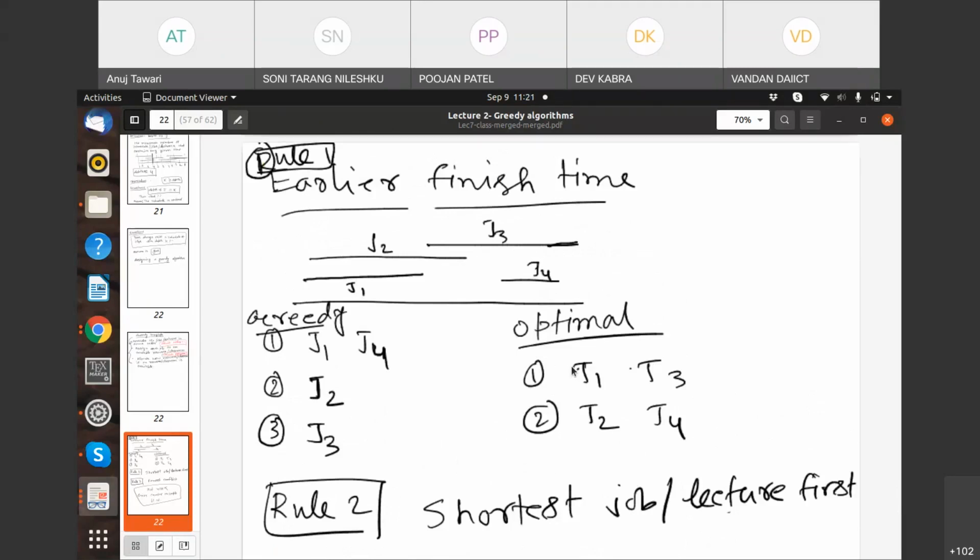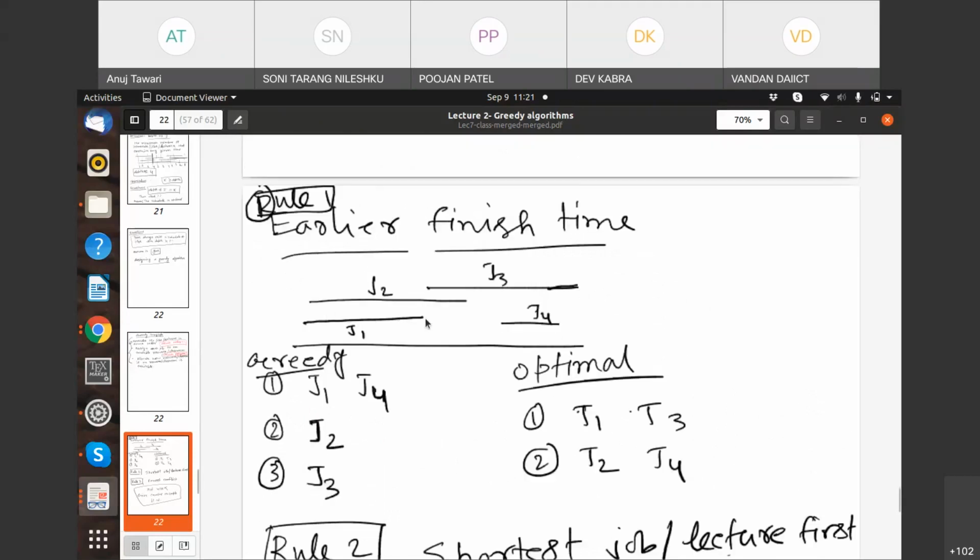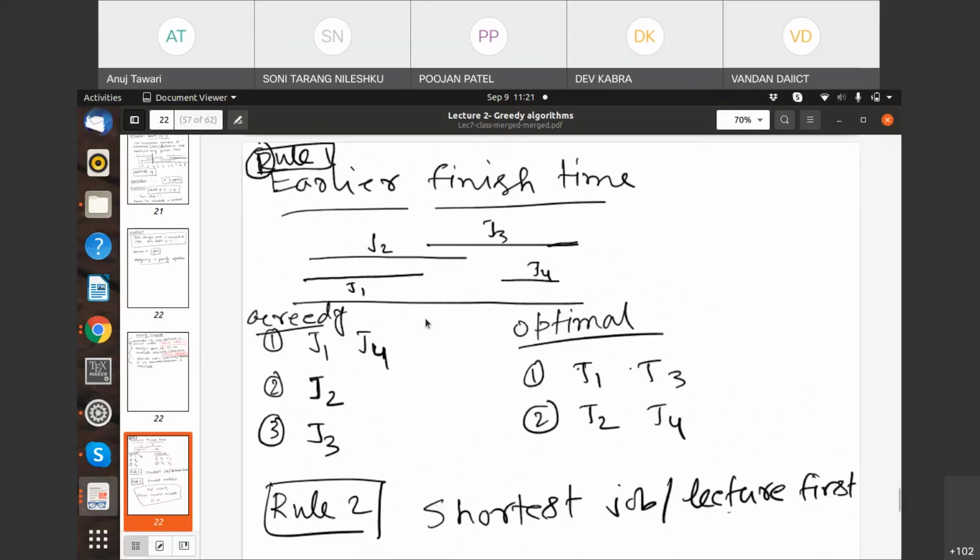The other idea is to use the shortest job first. Which is the shorter one? We put that. So is this going to work? It's sort of the same example as we had in the activity selection problem. This strategy did work there.